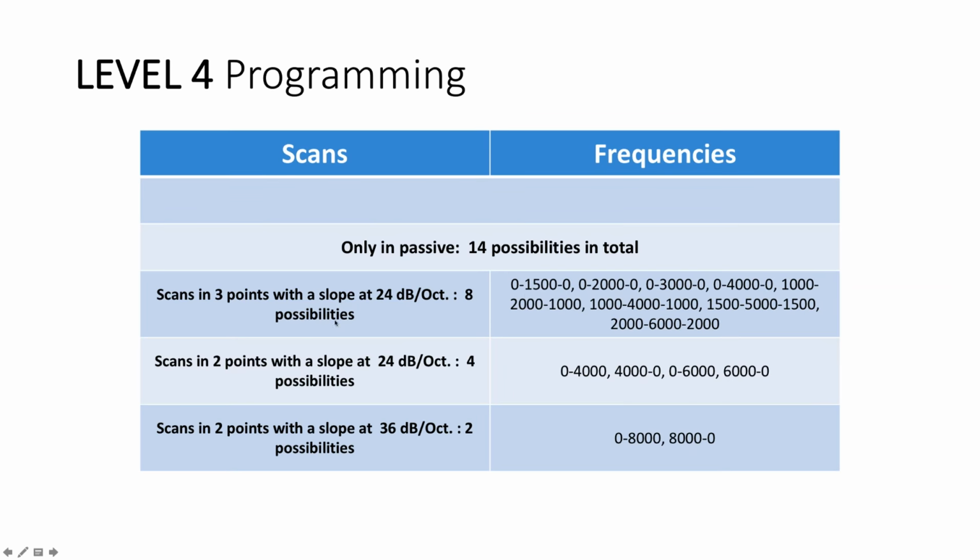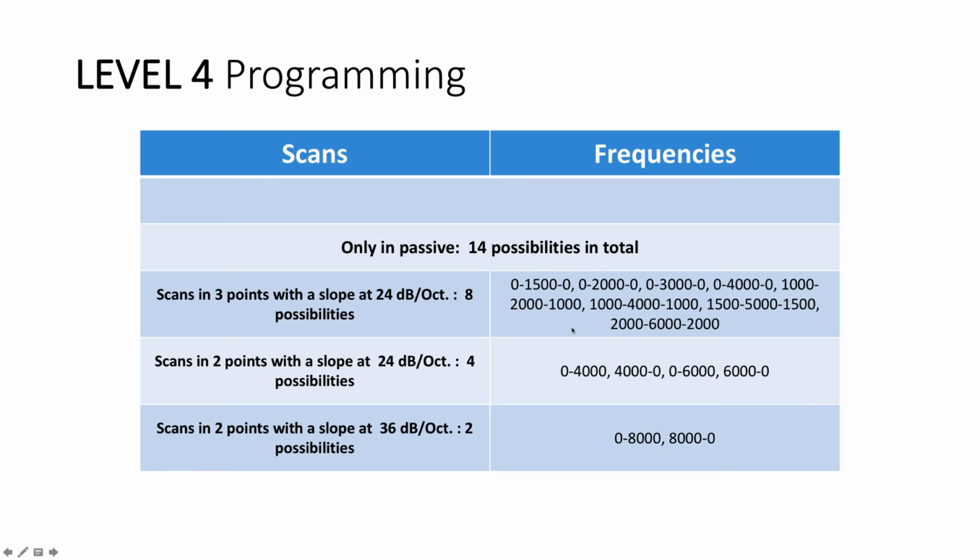So we have different scans, which is music that goes up from 0 to 1500 and then goes back down in half an hour. They filter and defilter themselves. It goes up and down, or they just go up. They go from 0 to 4000 in half an hour, or from 4000 to 0, 0 to 6000, 6000 to 0. And then we have one that we use when we are working with mother's voice, which is 0 to 8000, 8000 to 0.